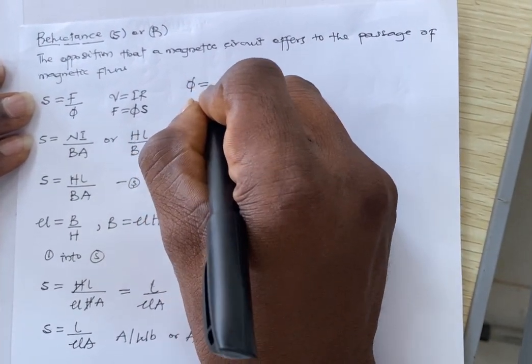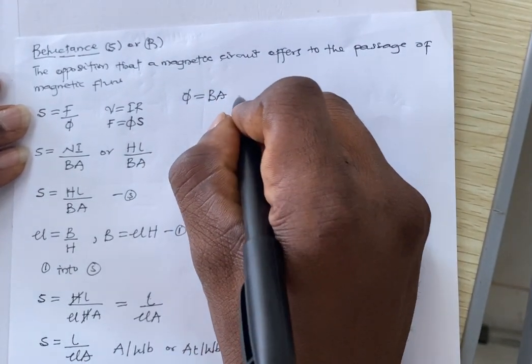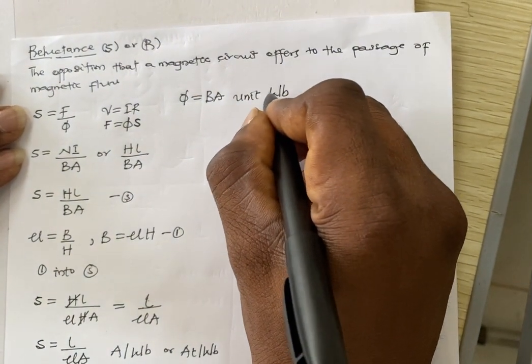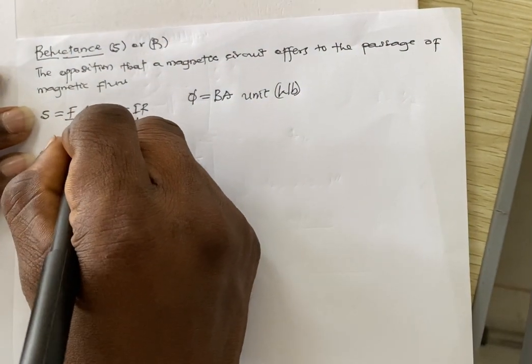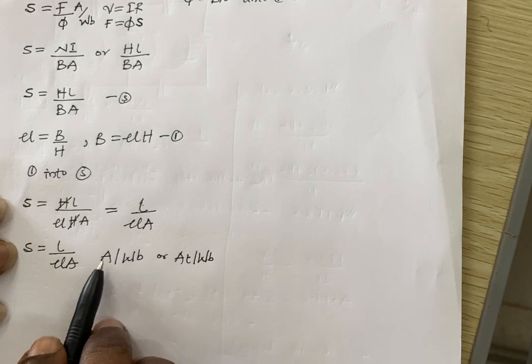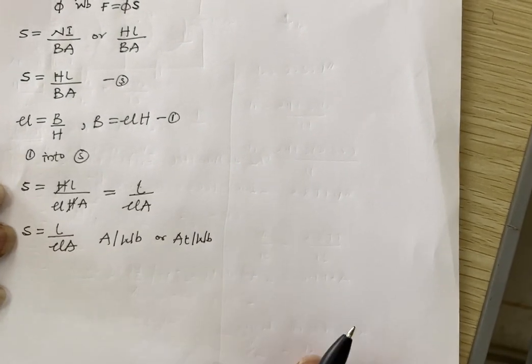So if I forgot to say that, flux's unit is Webers, right? That means if the unit of this is amperes and this is Webers, we then have amps per Weber as the unit for reluctance.